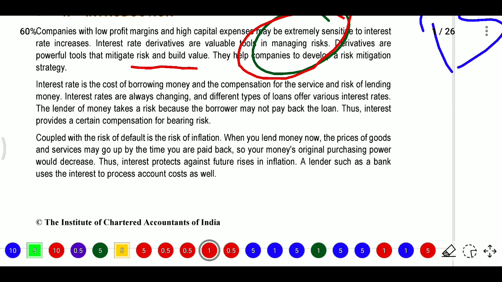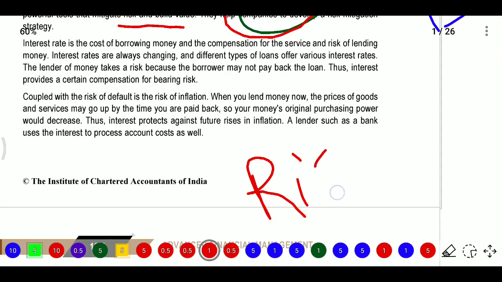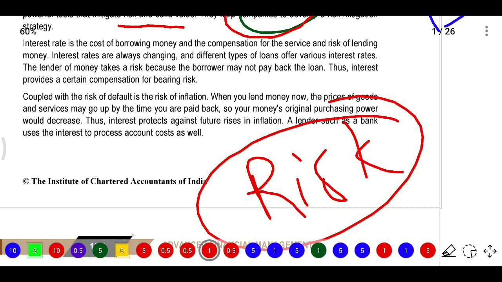Next, coupled with the risk of default is the risk of inflation. So another risk will be inflation. When you lend money now, the price of goods and services may go up by the time you are paid back, so your money's original purchasing power would decrease.